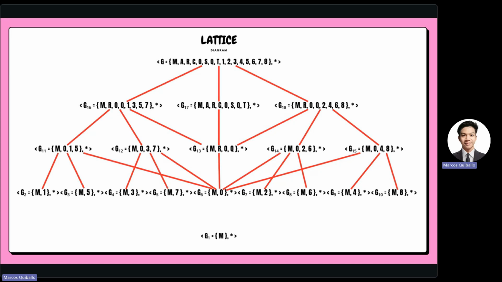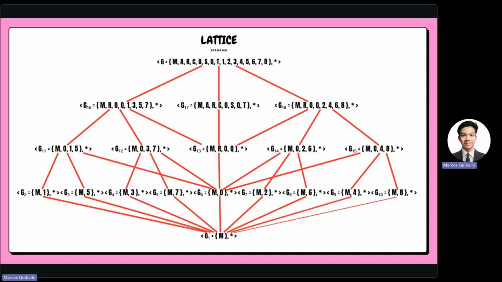So for our G1, we have the element M, which is our identity and our trivial subgroup, which is connected to all of G2, G3, G4, G5, G6, G7, G8, G9, and G10. So this is our lattice diagram.